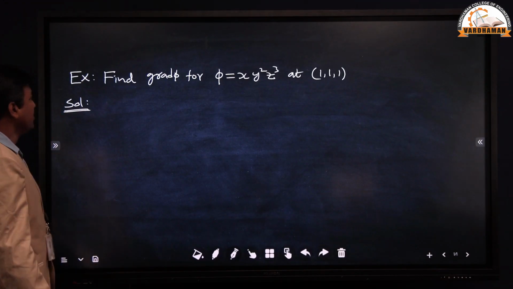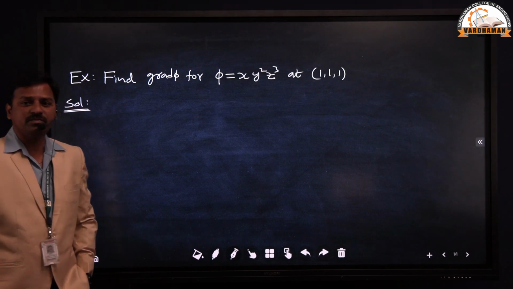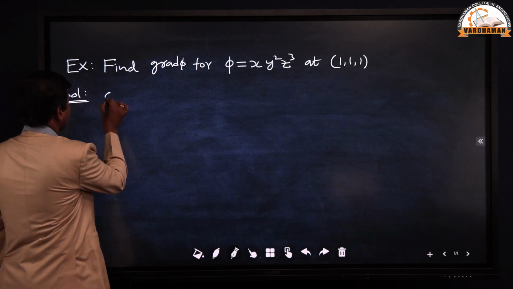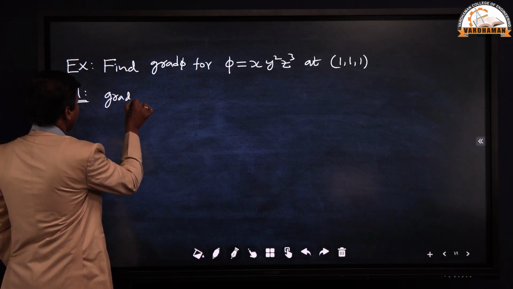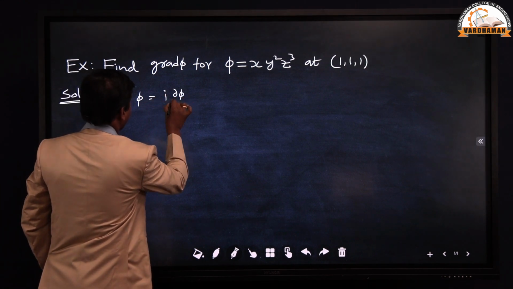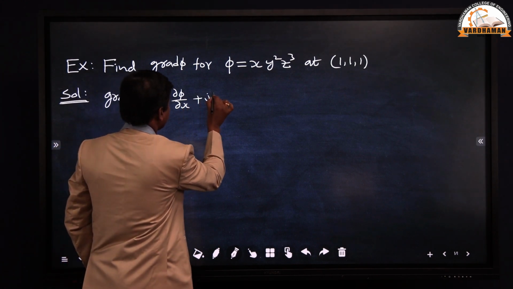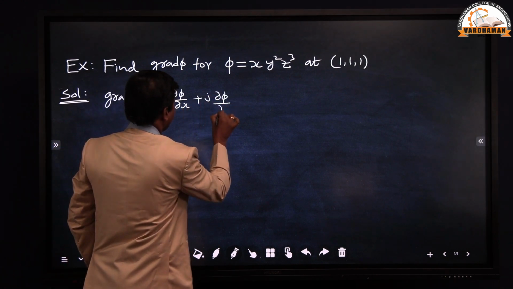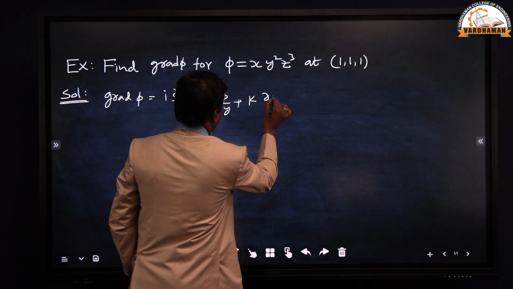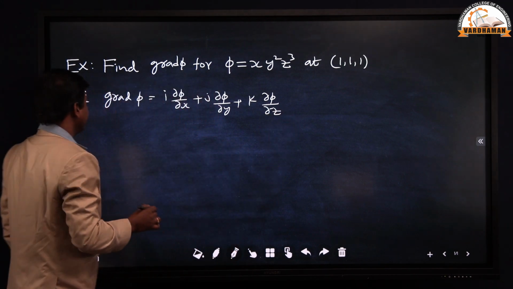First example, find grad phi for phi equal to x y square z cube at the point 1, 1, 1. Grad phi equal to i dou phi by dou x plus j dou phi by dou y plus k dou phi by dou z.